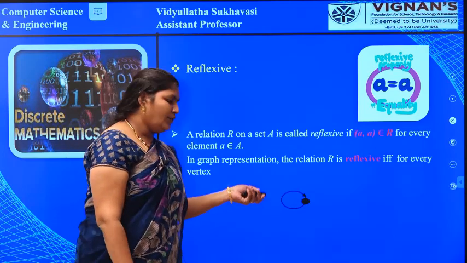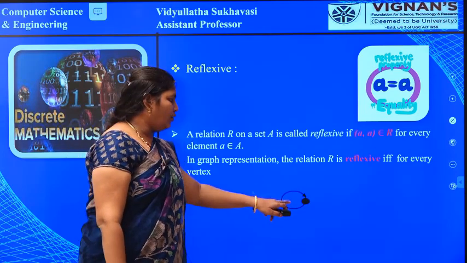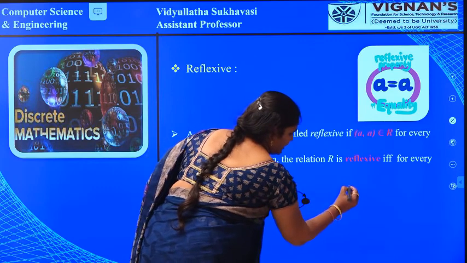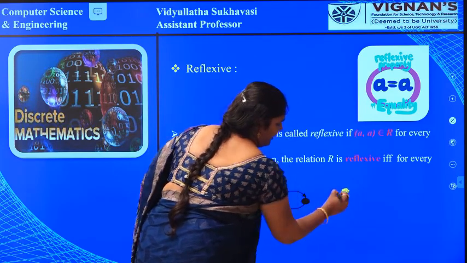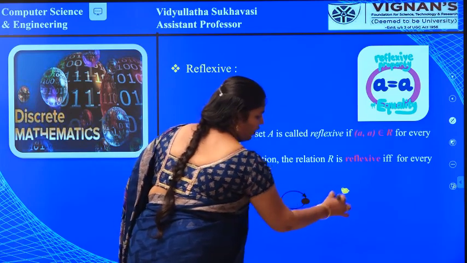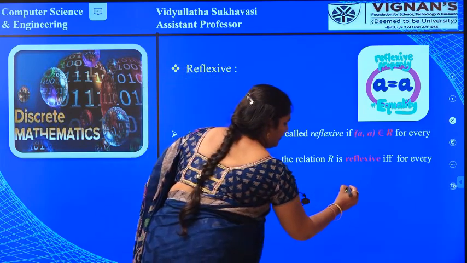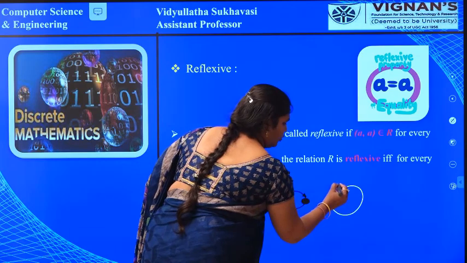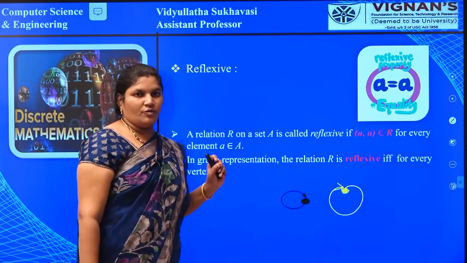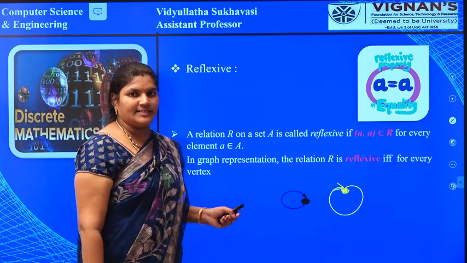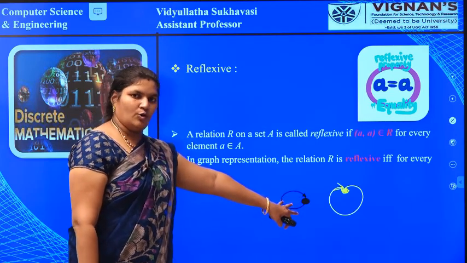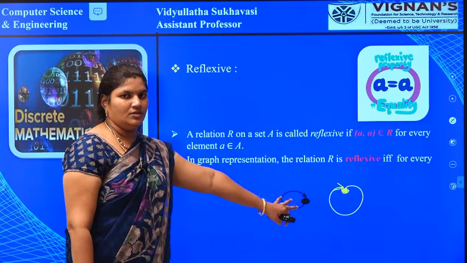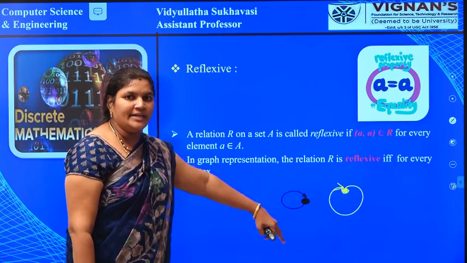As of now, remember that the node which we are going to take in the representation will be filled with a dot, and that dot will be represented as a loop in the graph. So for representing reflexive in graphs, we are going to use a loop representation which is pointing towards itself.